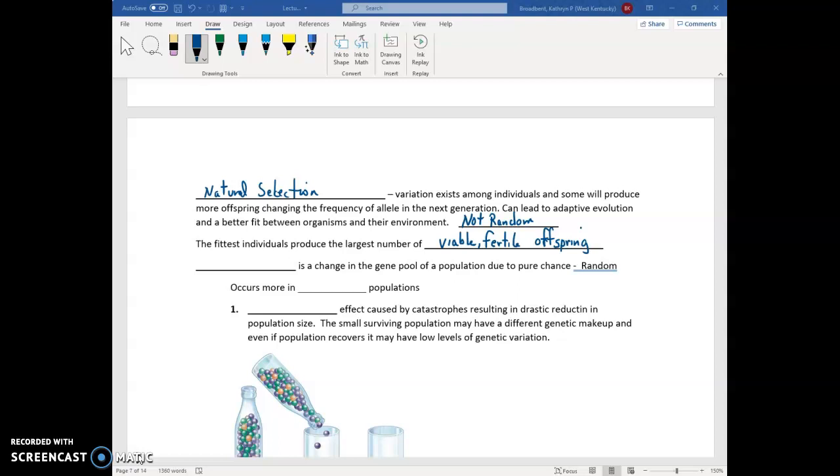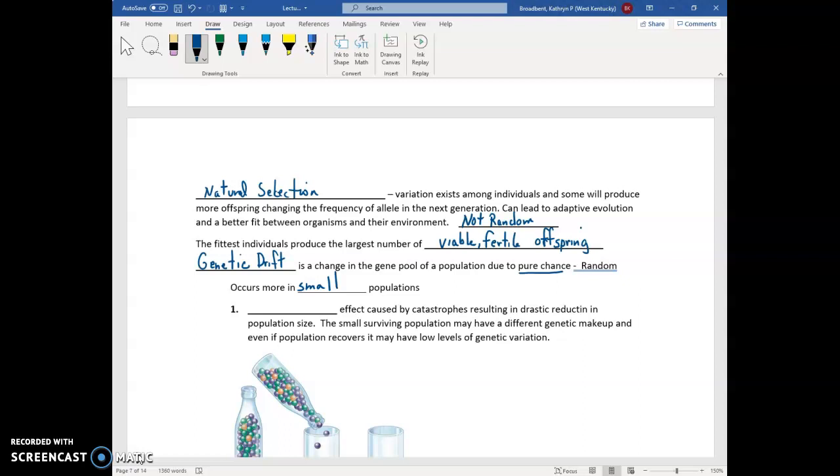Okay, the second one we're going to look at is genetic drift. And genetic drift is a change in the gene pool due to pure chance. This is random, and it happens more in small populations.